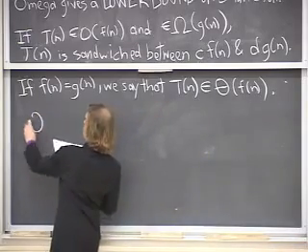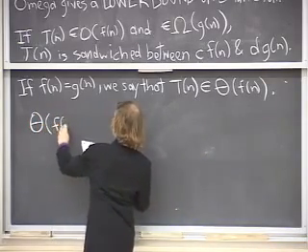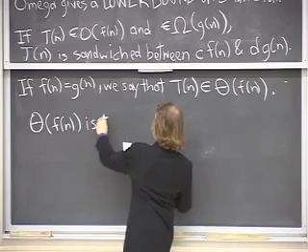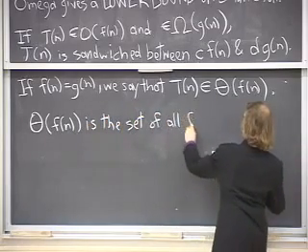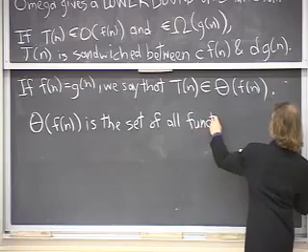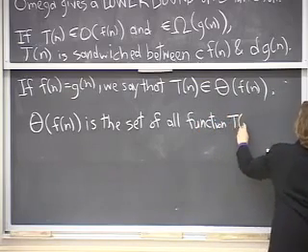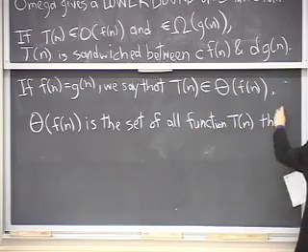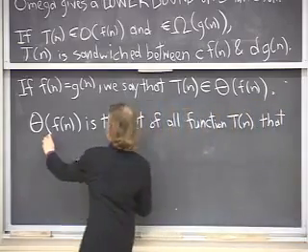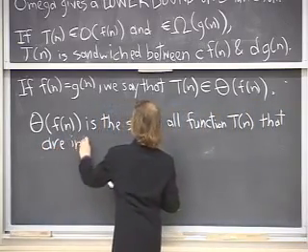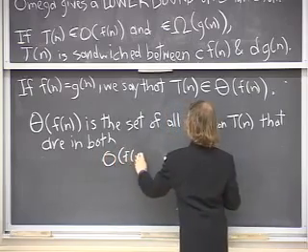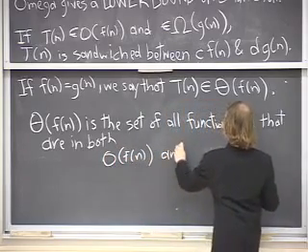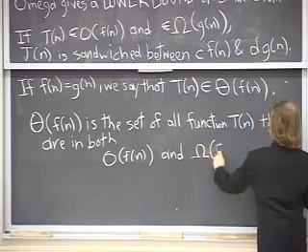So formally, big theta of f of n is the set of functions t of n that are in both big O of f of n and big omega of f of n.